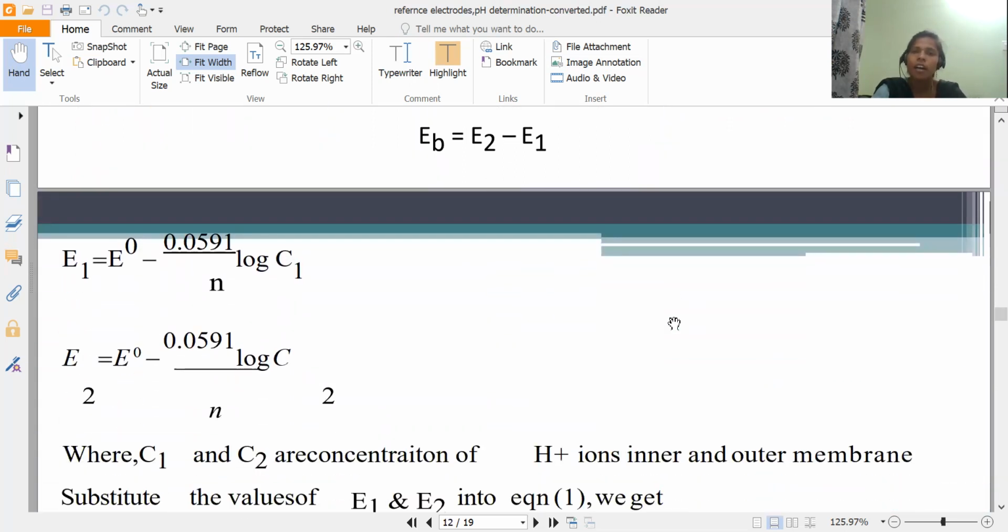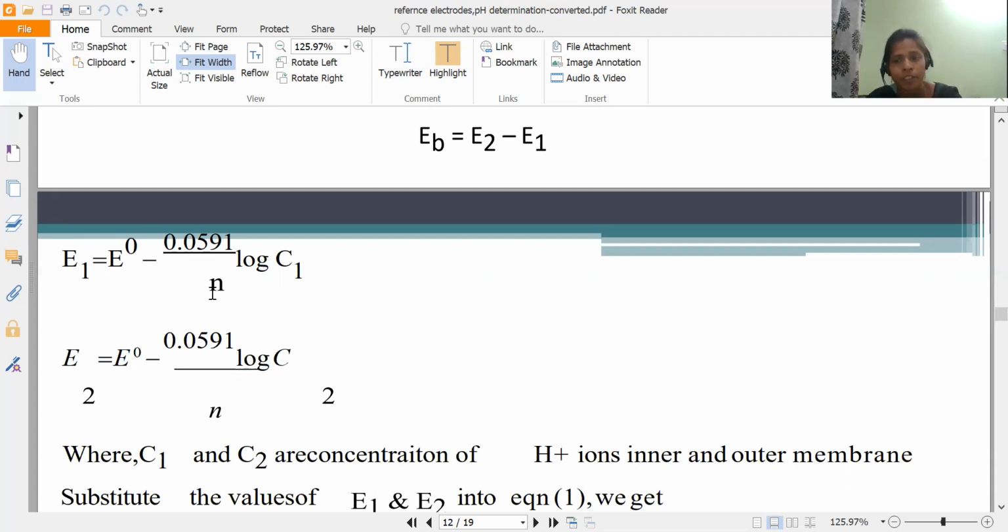So now let us apply the Nernst equation for the internal solution and the external solution. Internal solution electrode potential is E1. External solution electrode potential is E2. Internal solution E1 is equal to E0 minus 0.059 by N log C1. Here 0.059 is at room temperature.